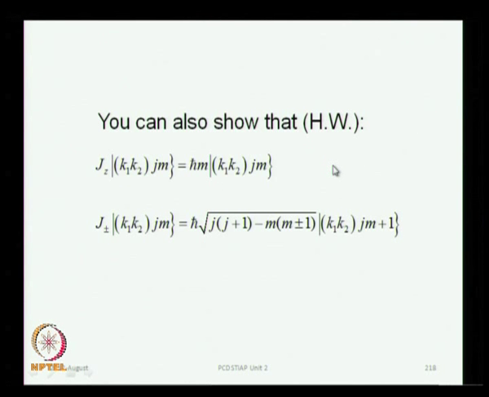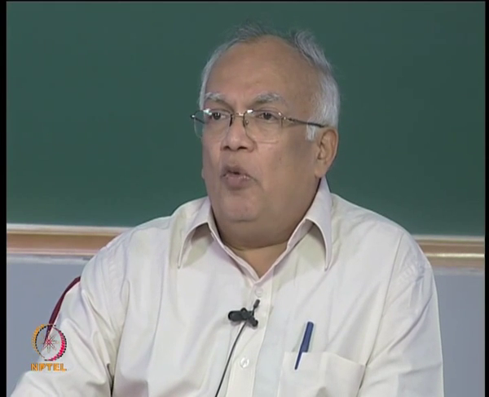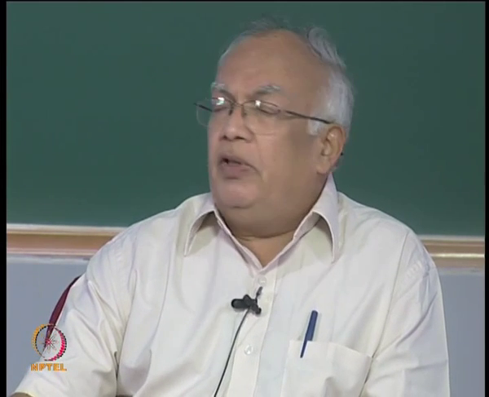You can also show, and this is also left as an exercise, that this vector is an eigenket of Jz belonging to an eigenvalue m h cross, and that the ladder operators operate on it just the way they do on angular momentum vectors. So these properties are not surprising, but it is good to work them out just to get confidence in this. Now we are ready to work with the Wigner-Eckart theorem.